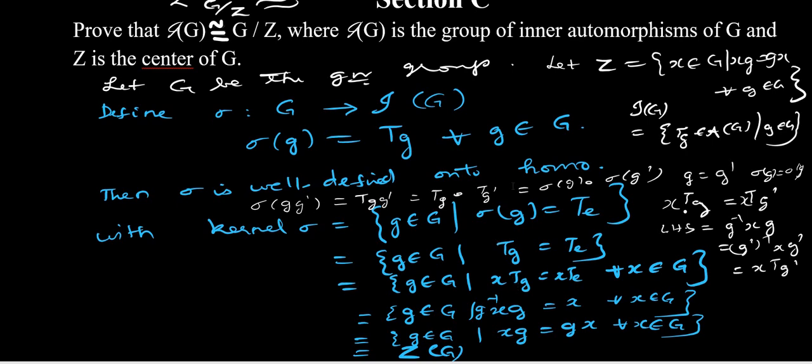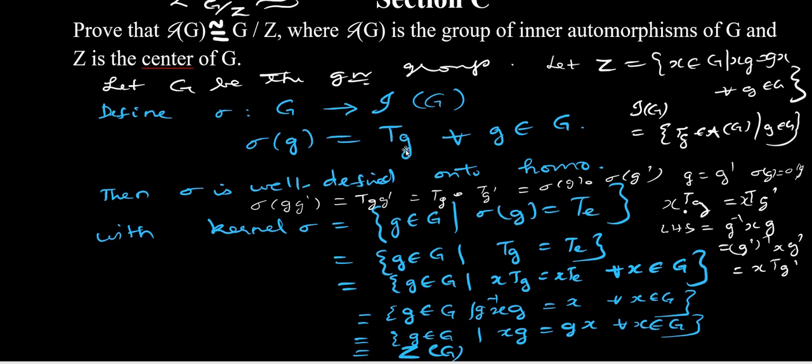Now kernel sigma, see, we have got this to be well defined, onto, homomorphism. So once you have your sigma to be homomorphism, you can talk about kernel. So kernel sigma is all those elements in the domain whose image under sigma is the identity element in script A of G, that is taken as Ta.